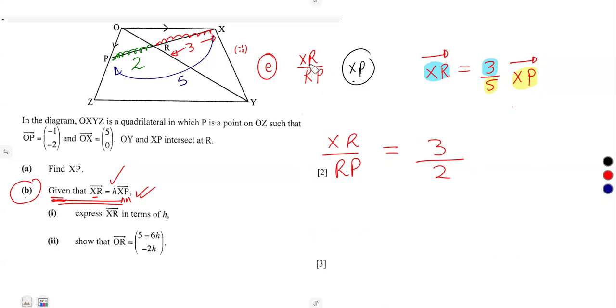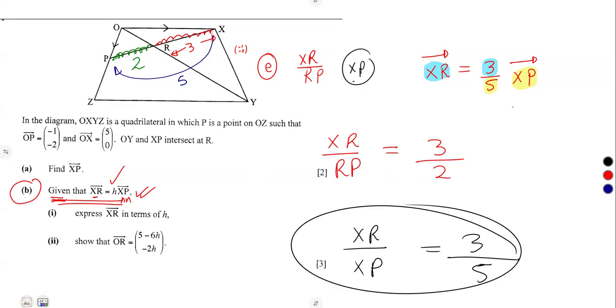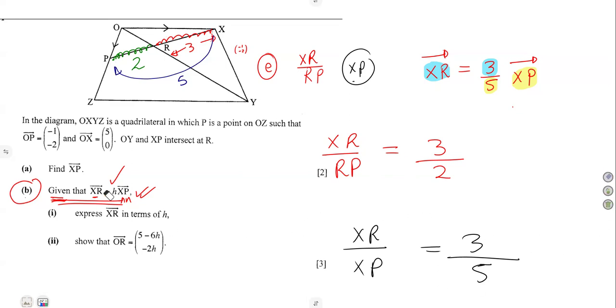So if, let's say, they were asking us to write XR over XP, you're going to use the same concept. XR, how many parts? X to R is 3 parts, out of XP. From X to P, how many parts? That is the one which has got the 5 parts, 3 plus 2. If the question was like this, you answer it from the given statement, substitute the numerical value that you calculated, then analyze from that numerical value.